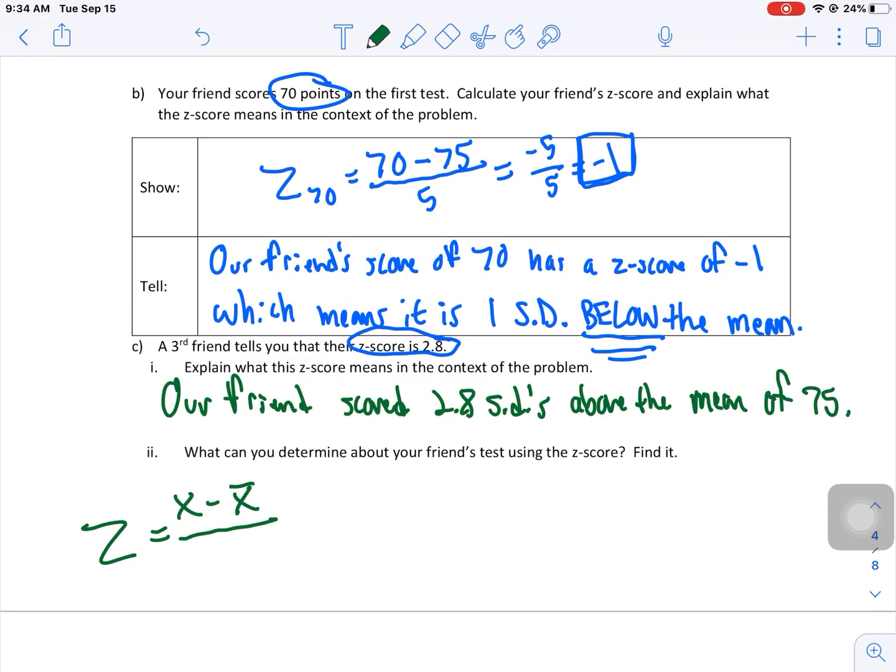This formula is going to be extremely prevalent in our course. This is definitely not going away. So let's just remember this. Our z-score is our value minus our mean over the standard deviation. And in this example, they actually gave us the z-score. So we just have to plug in the 2.8 for z.